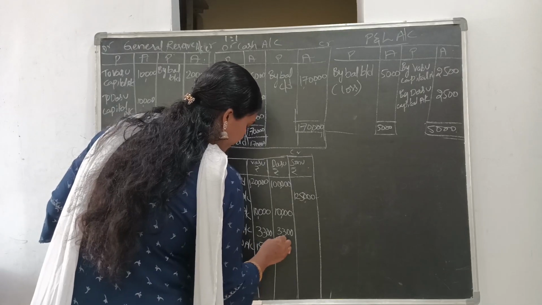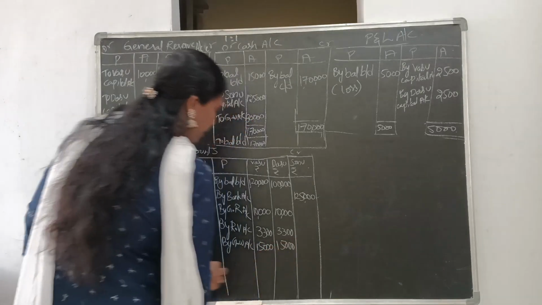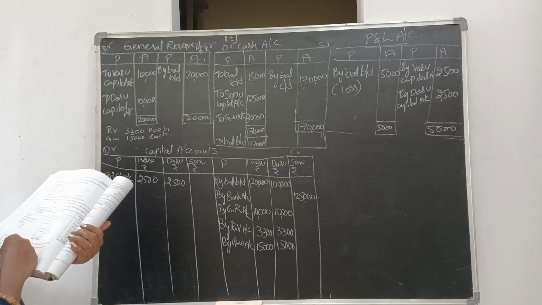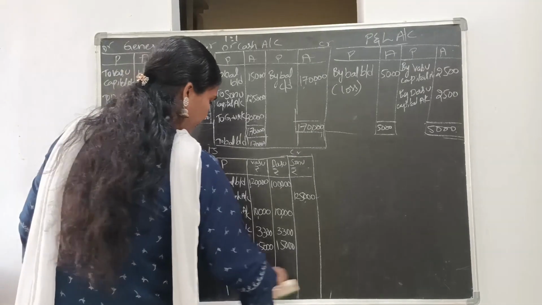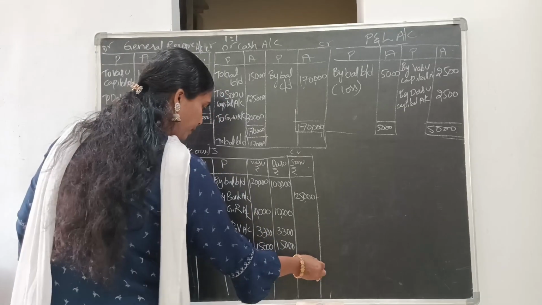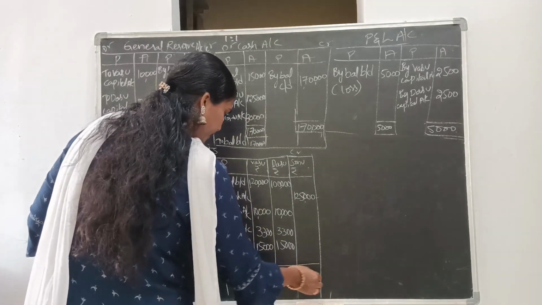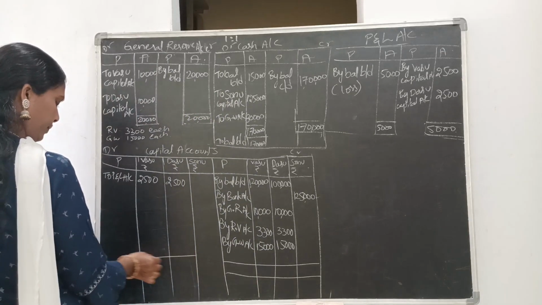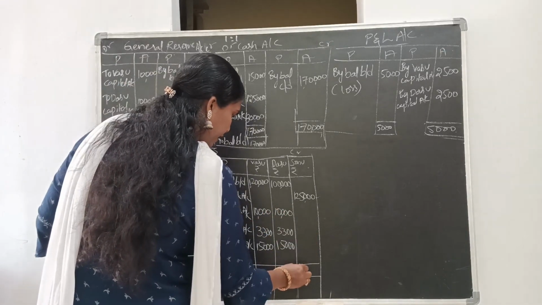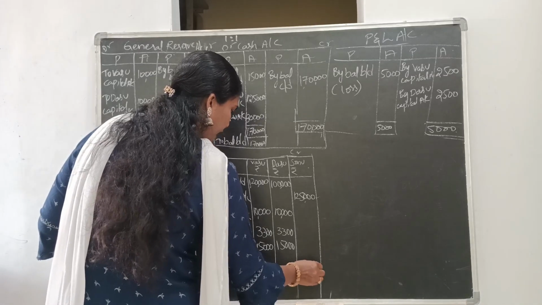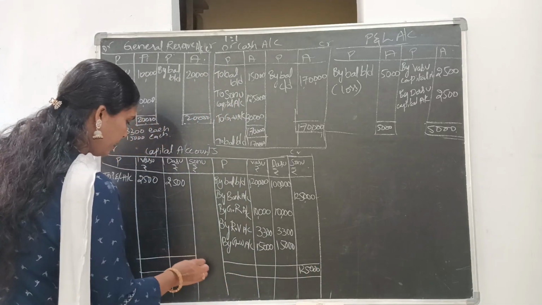So general reserve over, P&L over. So now make the totals. 1,25,000 is the new partner's capital. Write on two sides.